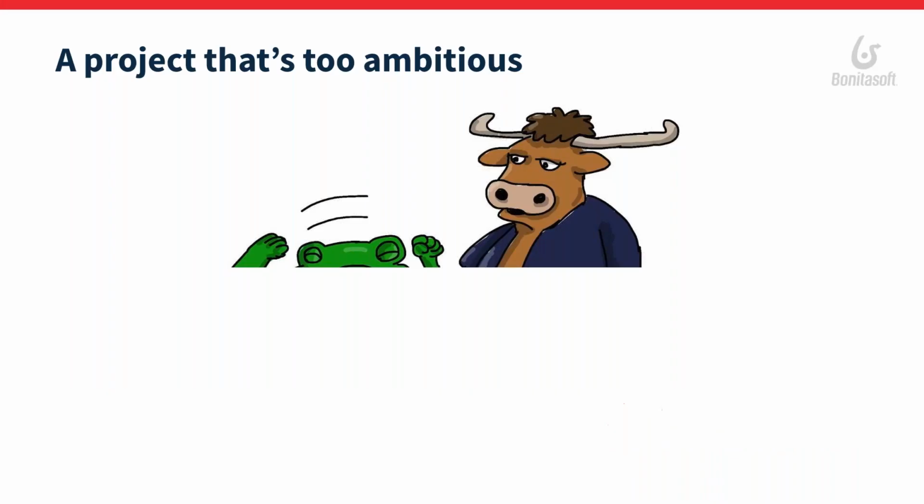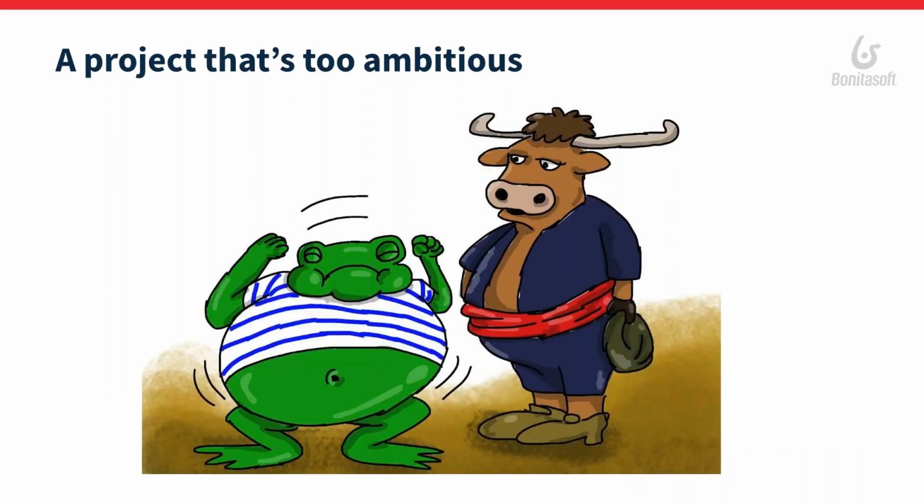To start with the first one, that's my opinion, and that's what I saw. When a project is too ambitious, it's quite difficult. To illustrate that, I wanted to talk about the fable of La Fontaine, The Frog Who Aspired to Become as Big as an Ox. I don't know if people know that.